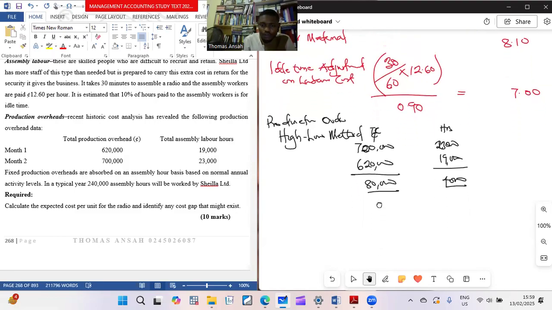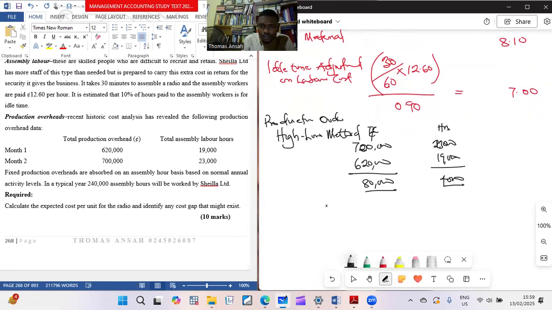High-low method, after doing this, you divide, right, to get your variable cost. So variable cost per unit will be the difference. So we have 80,000 cedis divided by 4,000 hours. So the variable cost is 20 cedis per hour.